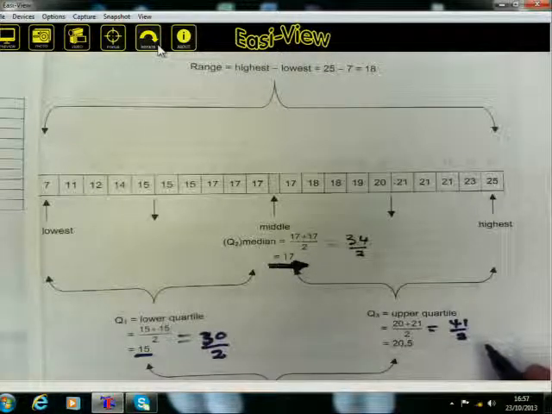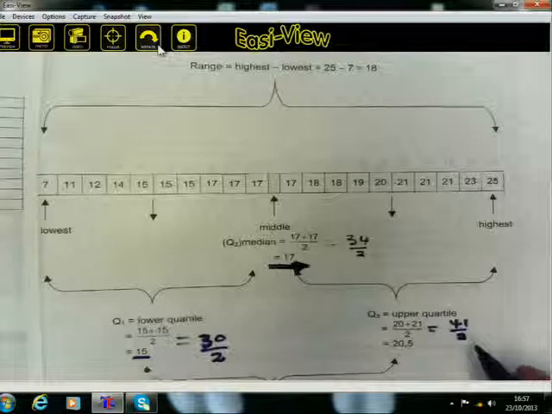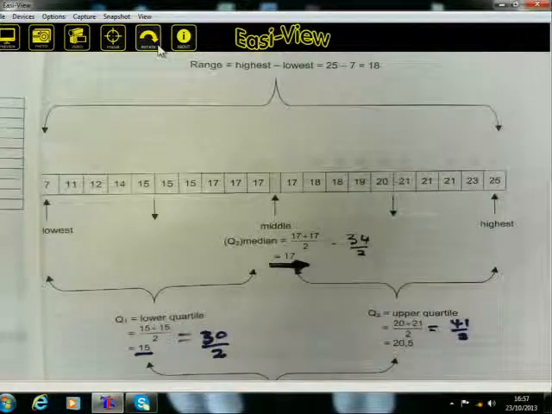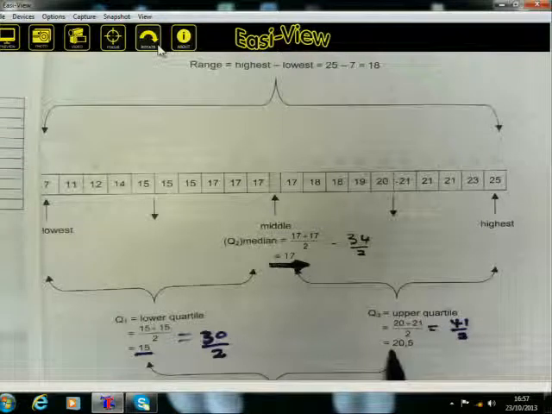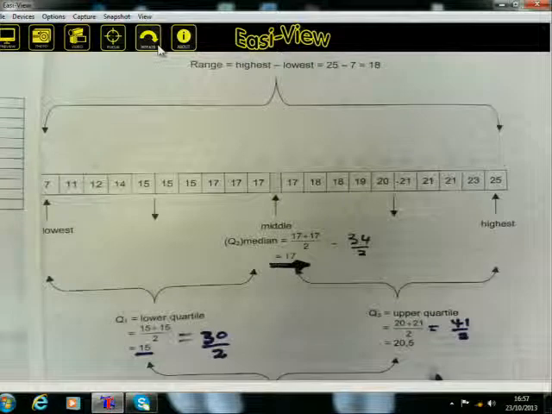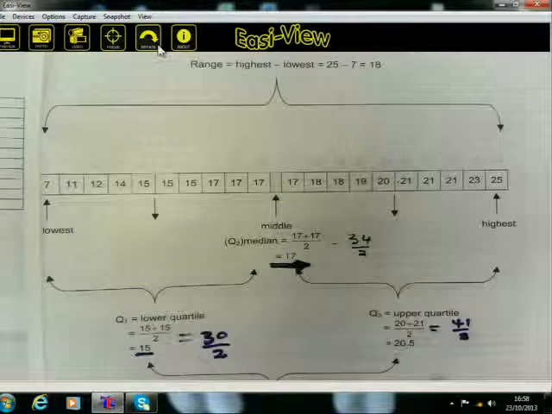It is 41 divided by 2, which gives us 20.5. That means my Q3 is 20.5. What is Q3? Remember, that's the 75th percent. Do you get the point?